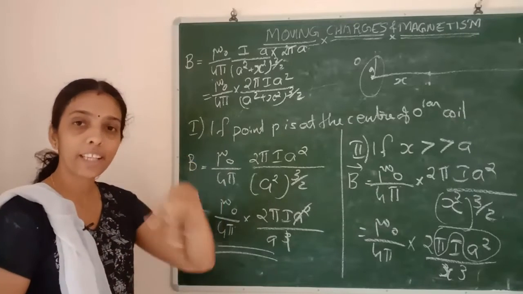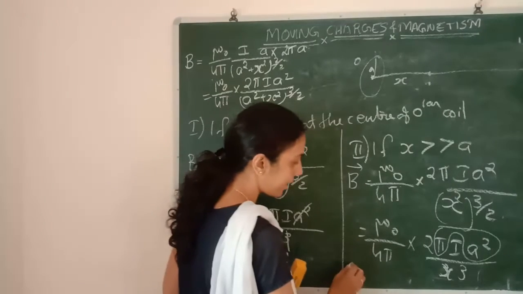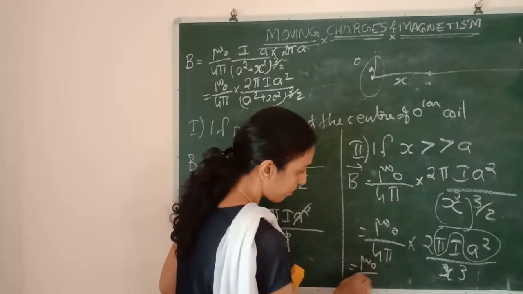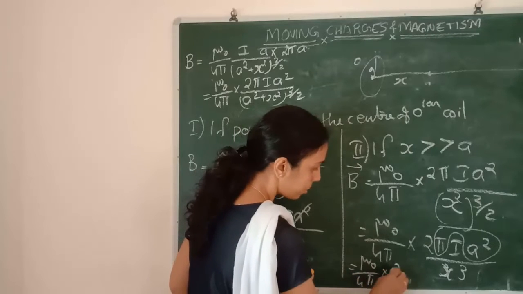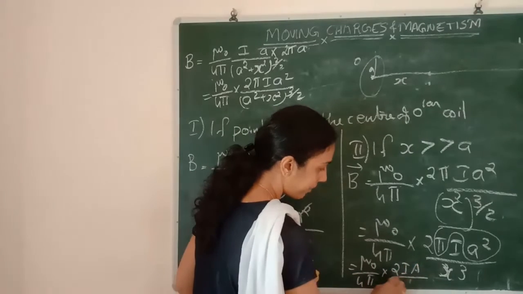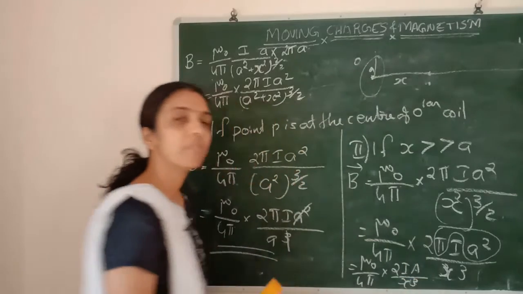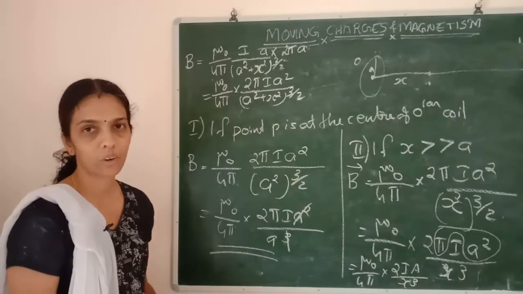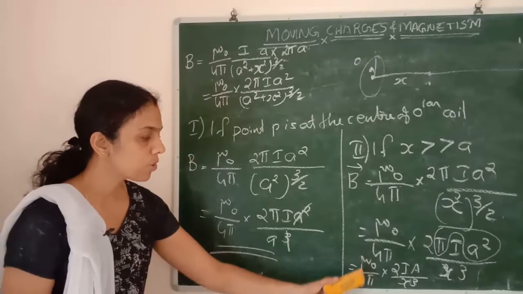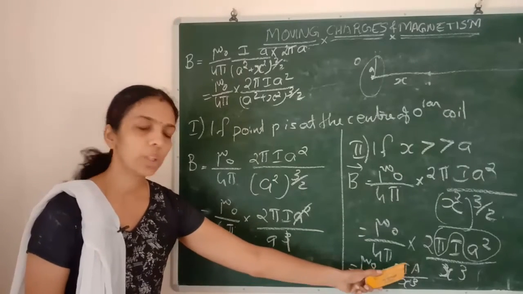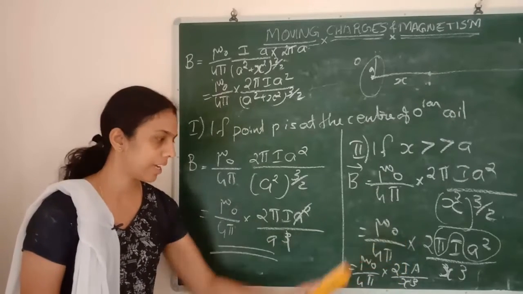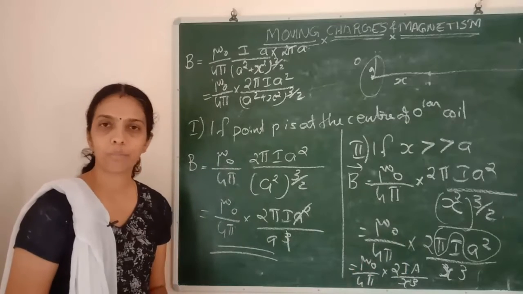The area of cross section is pi a square. So mu 0 by 4 pi into 2 I A divided by x cube. If there are n number of turns in the coil, we can write it as mu 0 by 4 pi into 2 n I A divided by x cube.